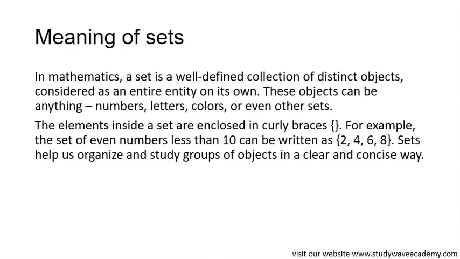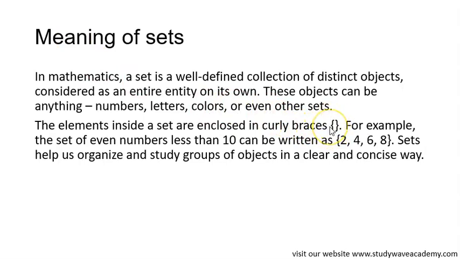In mathematics, a set is a well-defined collection of distinct objects considered as an entire entity on its own. These objects can be anything: numbers, letters, colors, or even other sets. The elements inside a set are enclosed in curly braces.